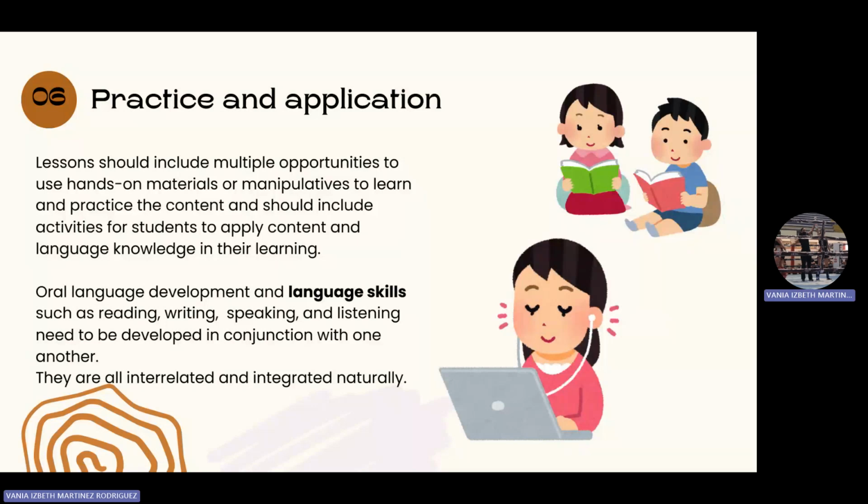So you can use the kind of materials according to the language skills of the group or of your students, and it would help to make a more effective class.